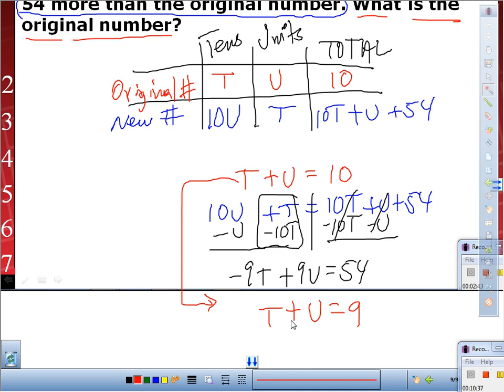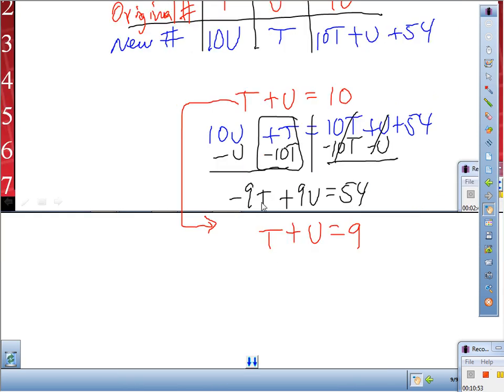So question, what method do you want to use to solve? Elimination. So therefore, which one do you want to eliminate? The T or the U? Oh, this one was 10. Sorry. Equals 10.